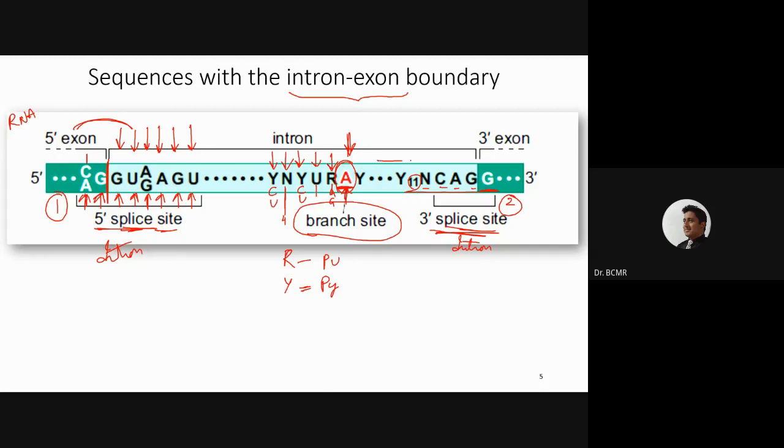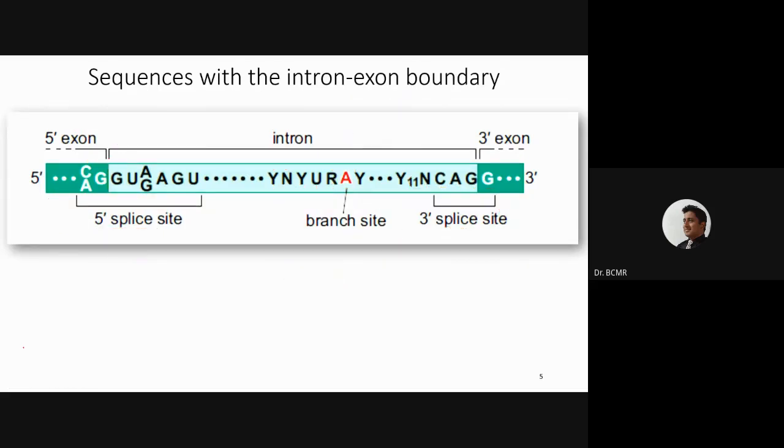It will be a stretch of 11 pyrimidines. Yes. So I hope you understood the point that there are exon-intron boundaries, and there is a branch site, and these 3 sites have conserved bases. Why is that required?